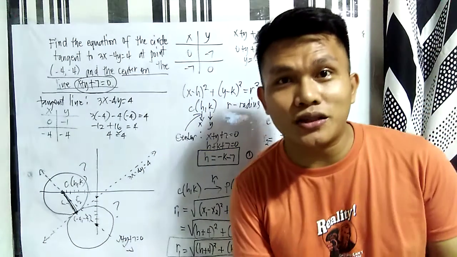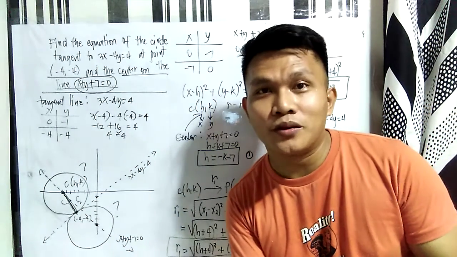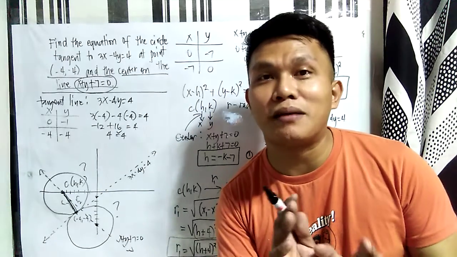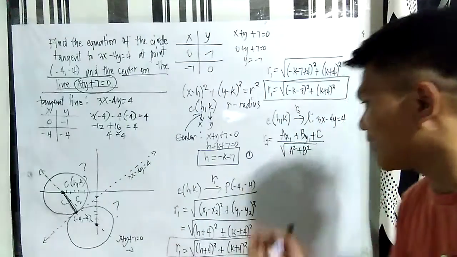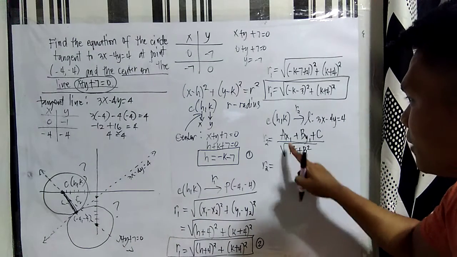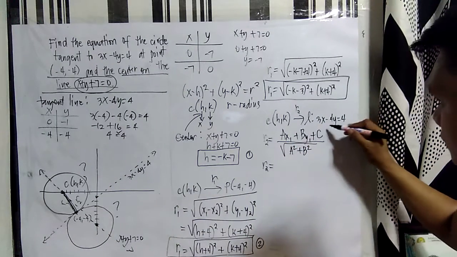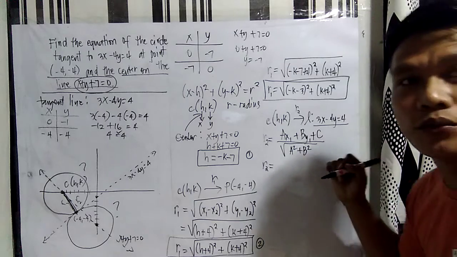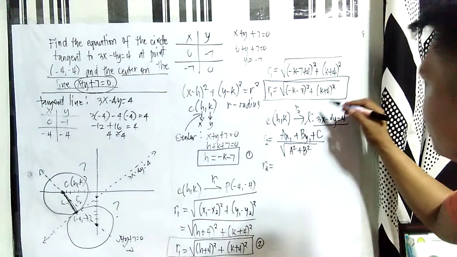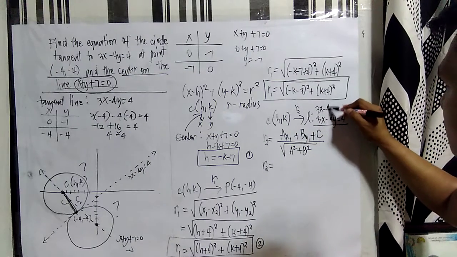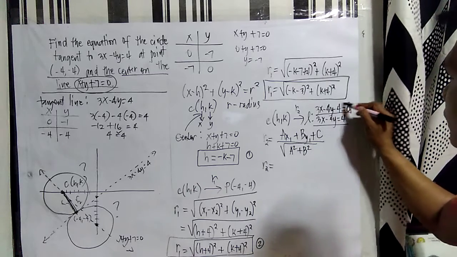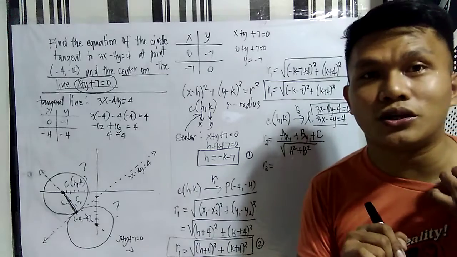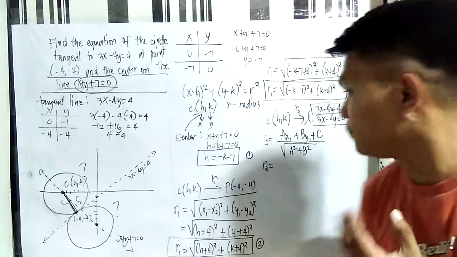So na-explain ko na siya dun sa nauna kong video. Kung napanood nyo yung first video ko, makikita nyo kung ano yung ibig sabihin ng distance na ito. Okay, so for r sub 2, this is in the standard form, so gawin natin siyang in general form. We have 3x minus 4y minus 4 equals 0. Ito ang gagamitin natin ngayong equation, which is the general equation.